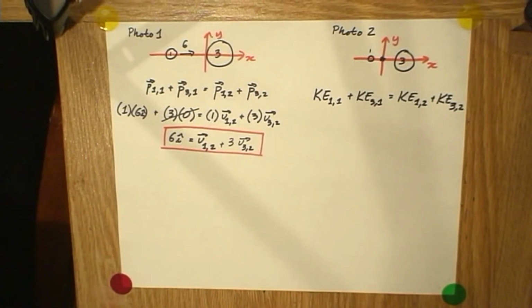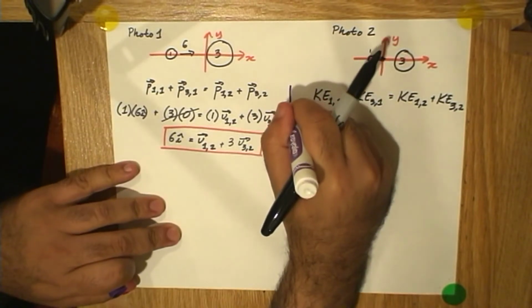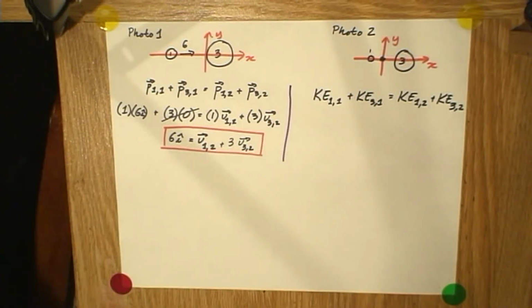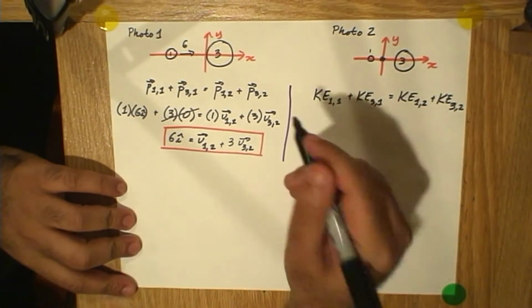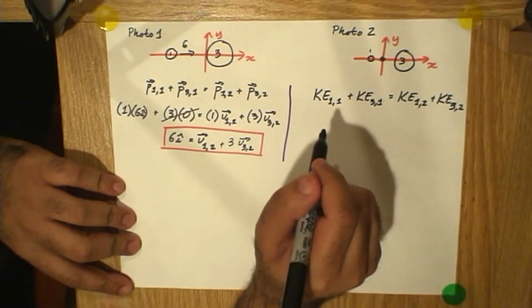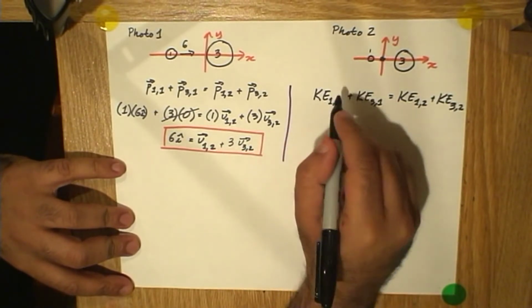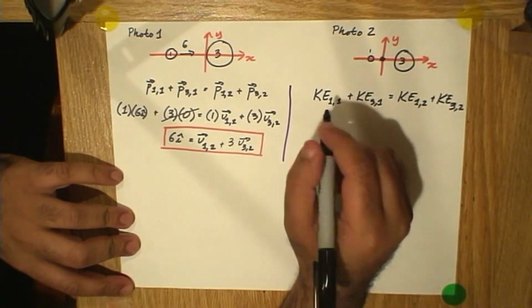So let's go ahead and solve for what the kinetic energy is going to be. Like I did over here, I'm going to skip a step and just write down how we solve for kinetic energy instead of writing out the full equation. Kinetic energy is 1/2 mv squared.